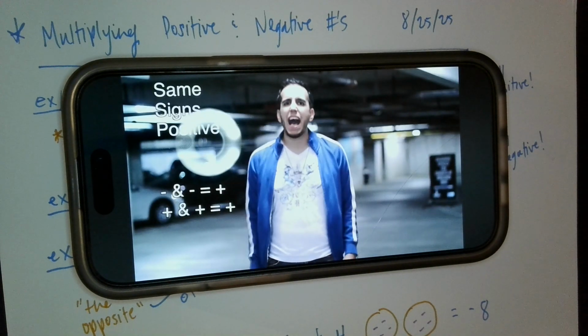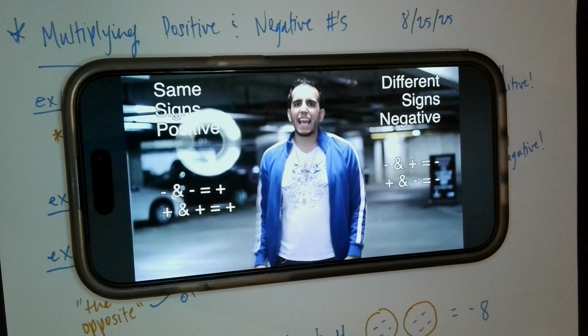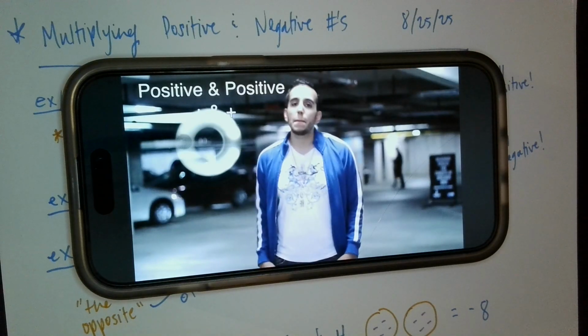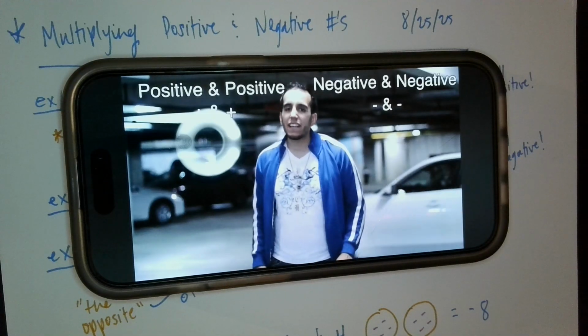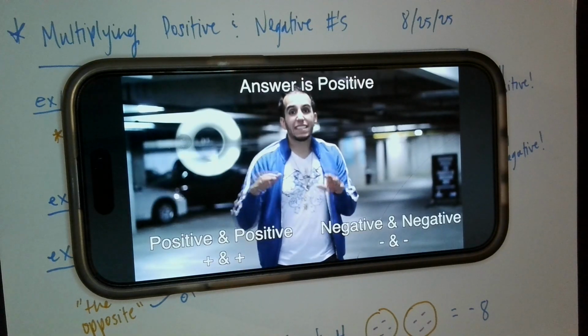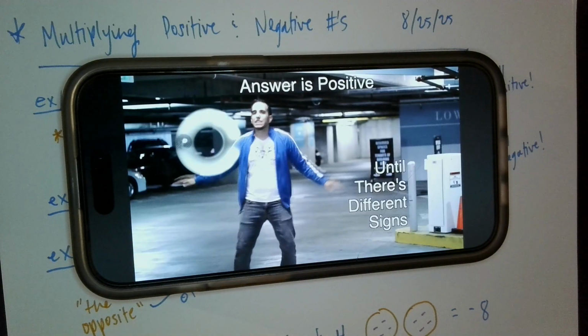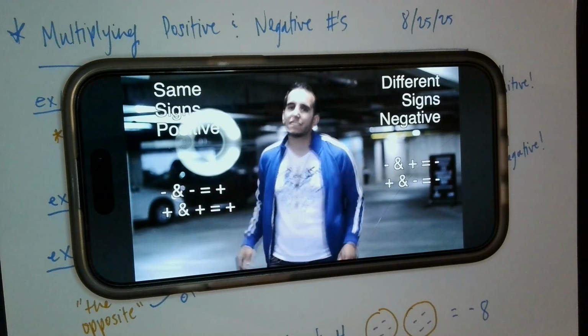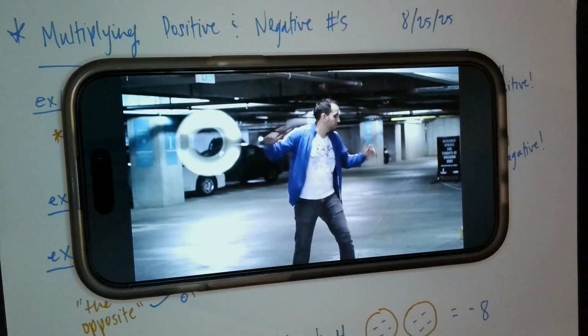Same signs positive, different signs negative. Quotient product signs, same rules apply. Positive and positive, negative and negative. This is the part you need to remember. Till there's different signs. Same sign, positive, different signs, negative.